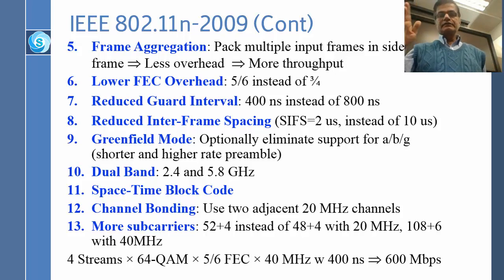So the point is, the higher fraction is better. If I do 1 after 1, that is better in terms of performance. There are 2 performances: throughput performance and error performance, right? So 5 by 6 is better because we don't have too much overhead. Only 1 bit overhead, that is 20%.